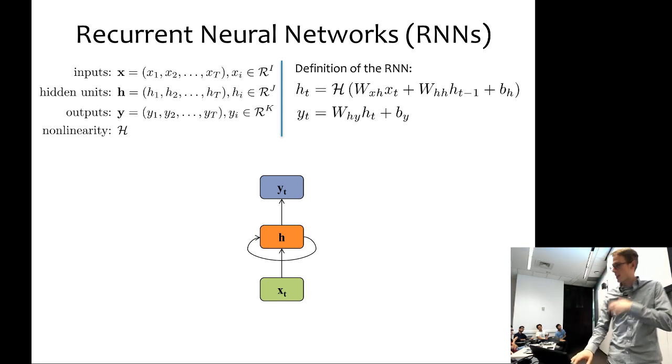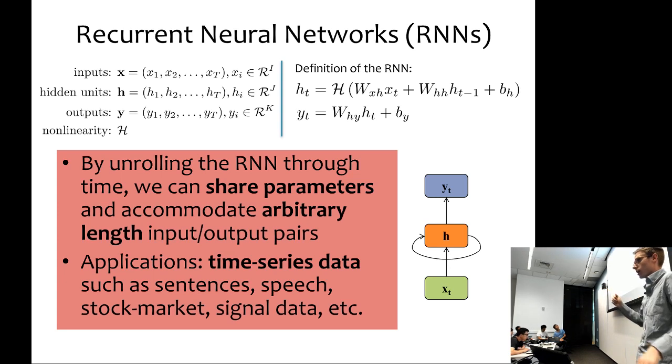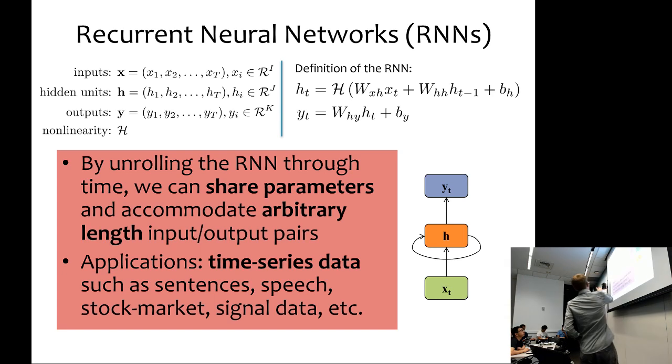And so to get back what we had before, we would actually have to unroll this recurrent neural network through time. The key point here is that we can share parameters across time steps. And that's what allows us to accommodate arbitrary length input and output pairs.